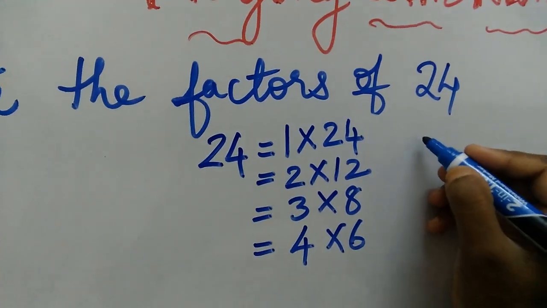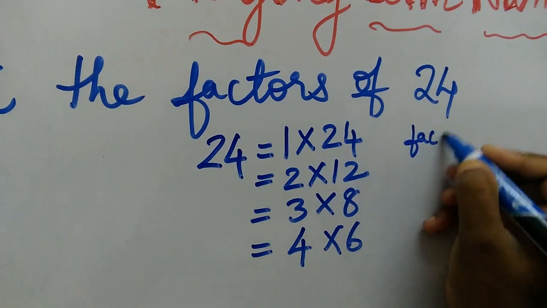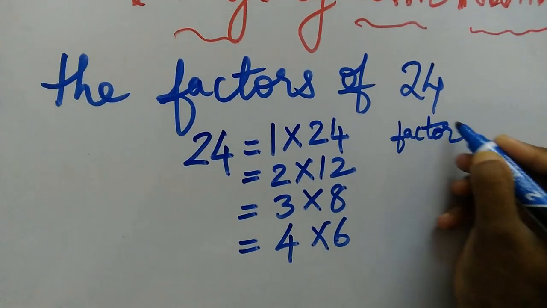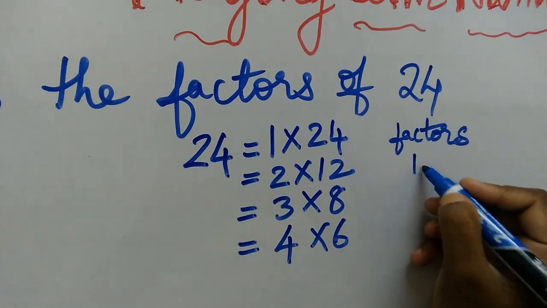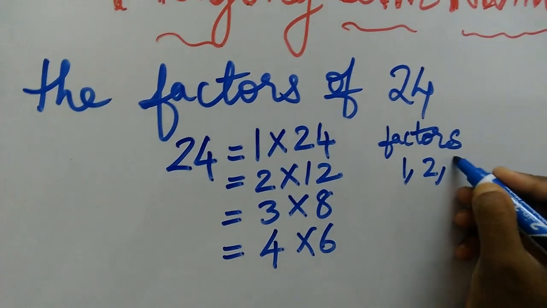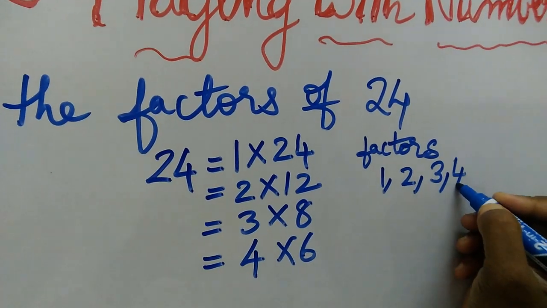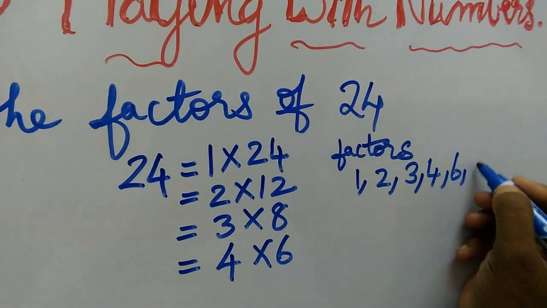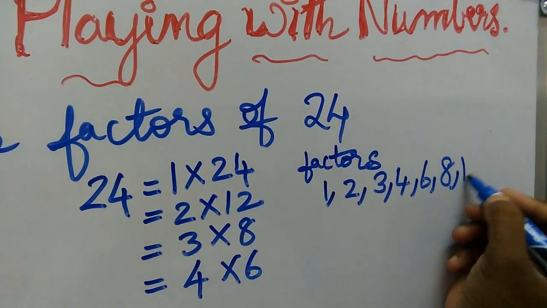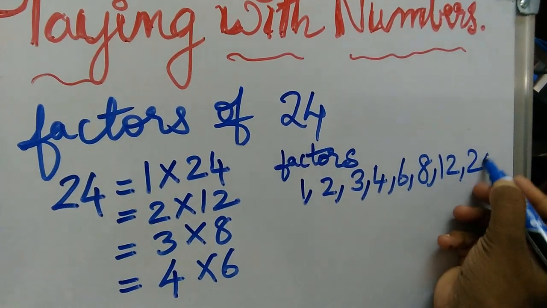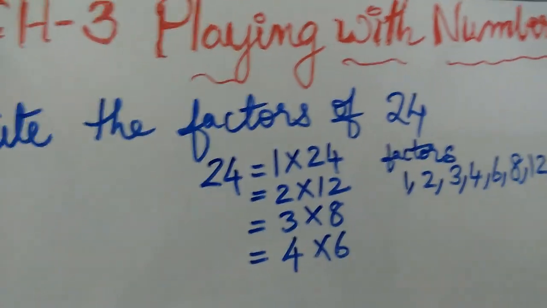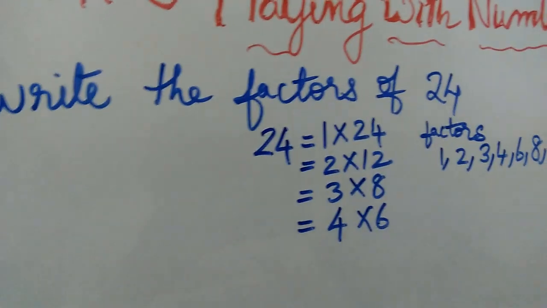Now the factors are 1, 2, 3, 4, 6, 8, 12, 24. I think you understand what factors are.